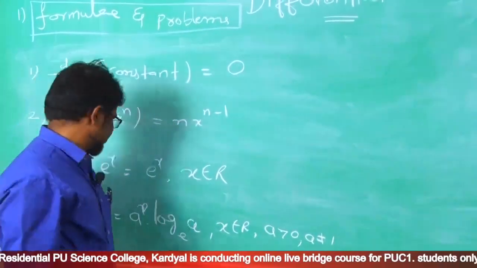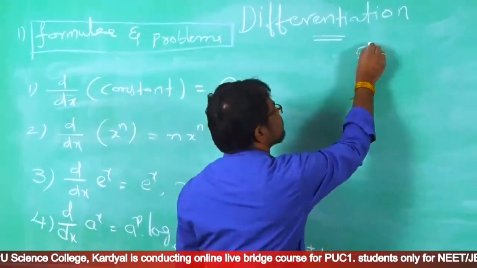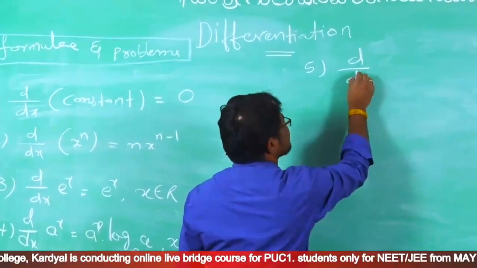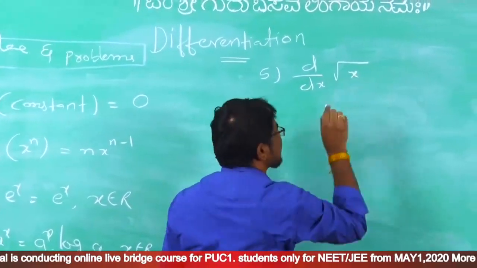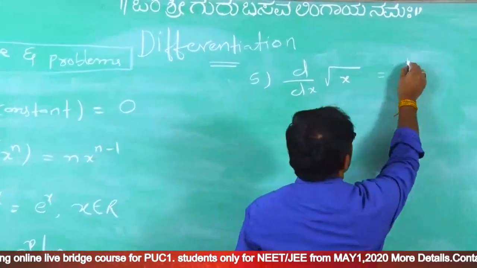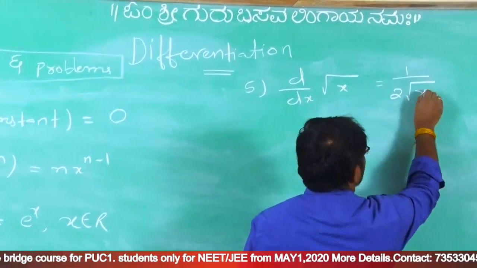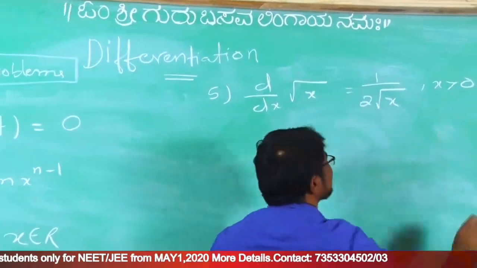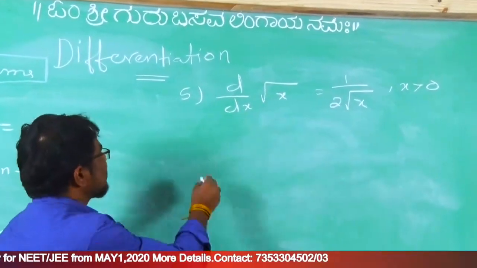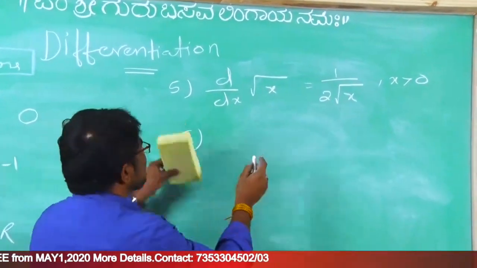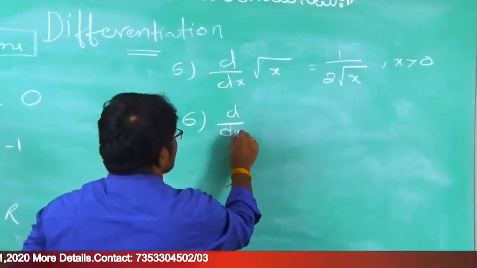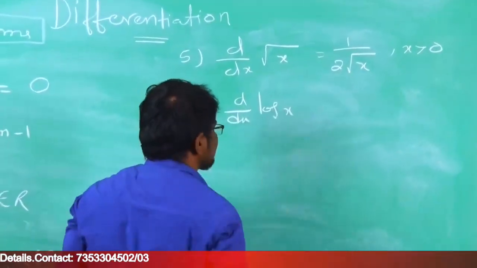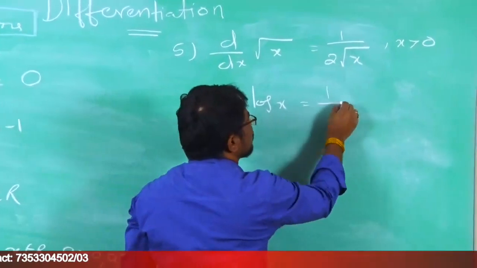And the fifth one is d by dx of root x equals 1 by 2 root x. Here also x should be greater than 0. And the sixth one is d by dx of log x equals 1 by x.